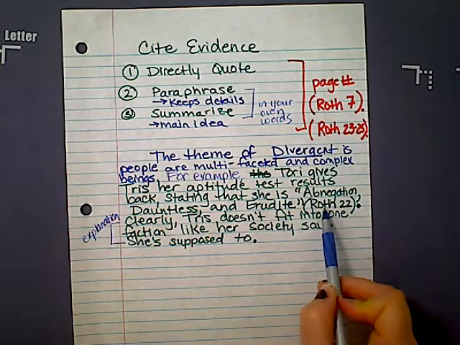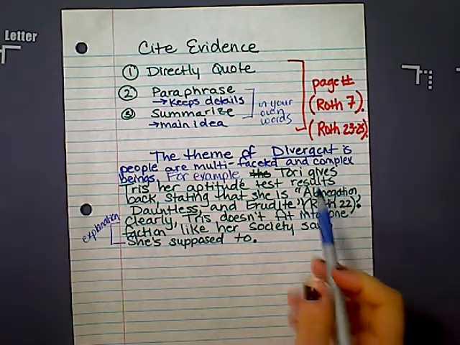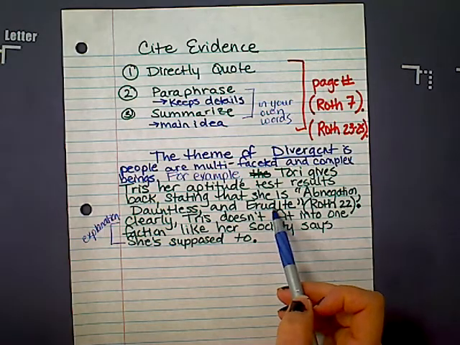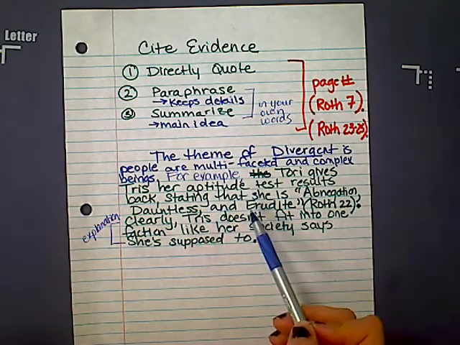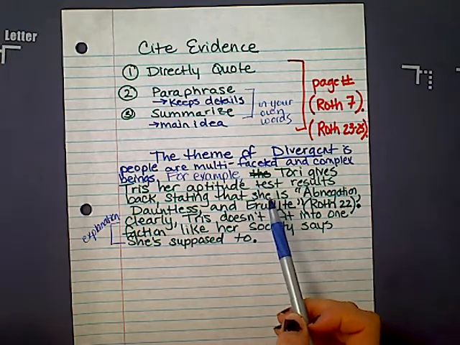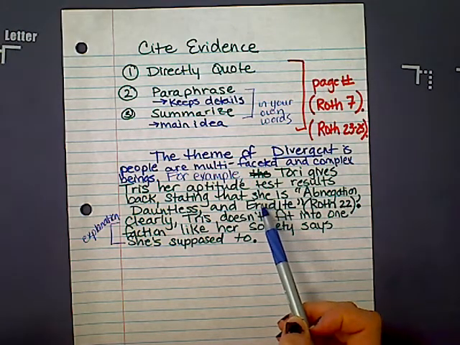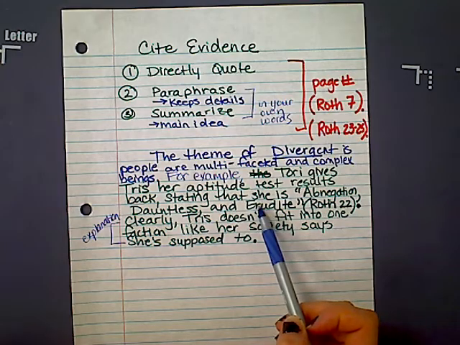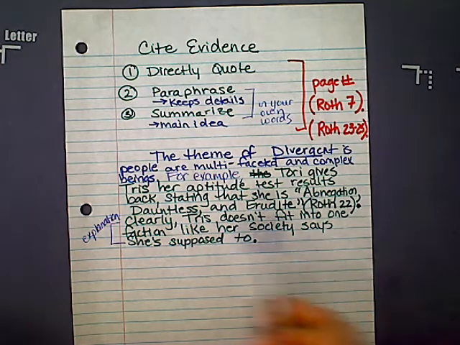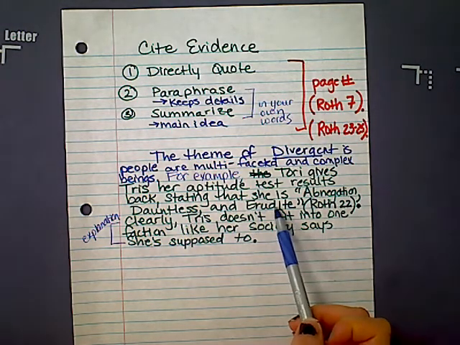And then I would still say Roth 22, but this time I changed the order so I wouldn't directly quote. Or I could summarize, and I could say, for example, Tris learns that she fits into 3 factions of her society instead of just 1, period. By saying that, I am summarizing the main idea, but I'm not actually listing what the factions are.